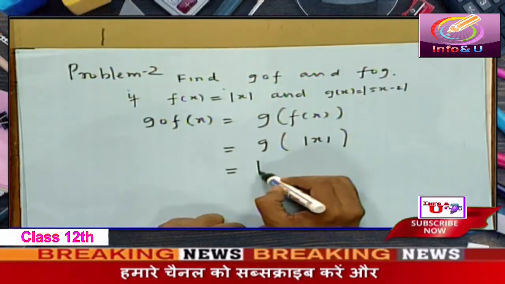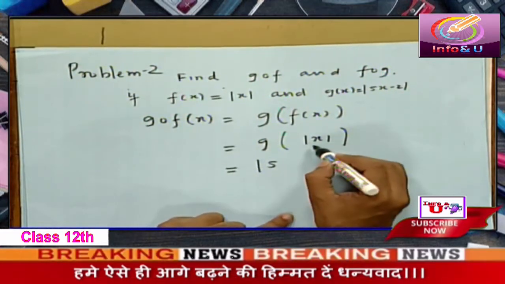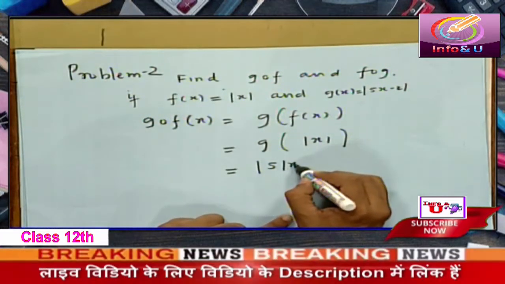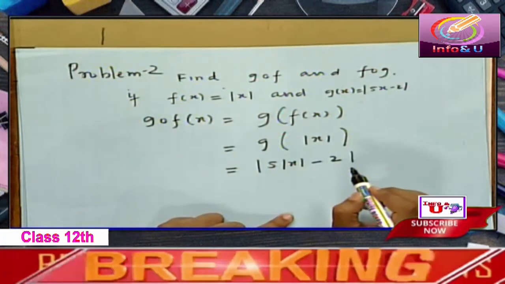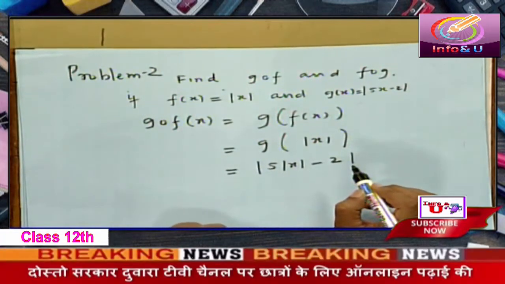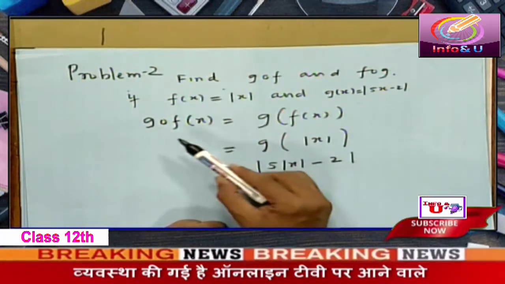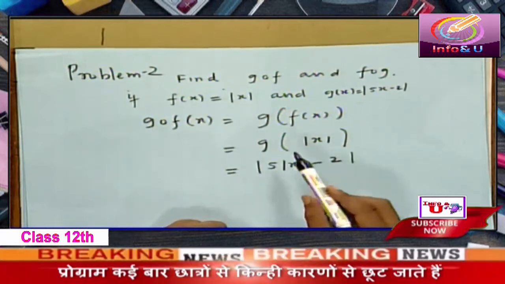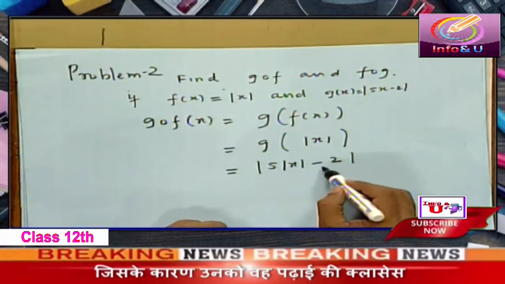So it is modulus of 5 times whatever is inside, that is mod x, minus 2. So this gives the value of g o f x, which comes to be mod of 5 mod x minus 2.